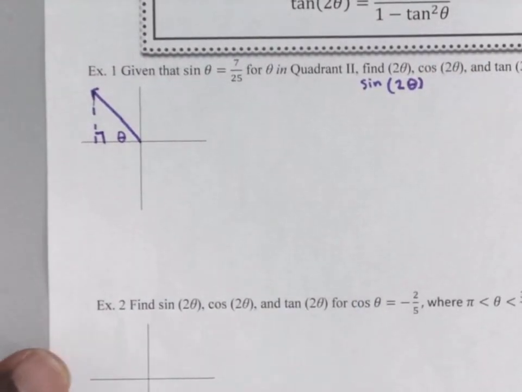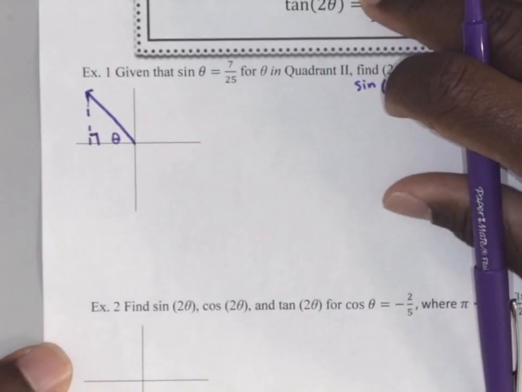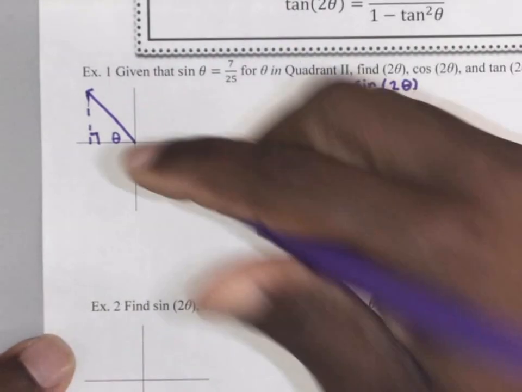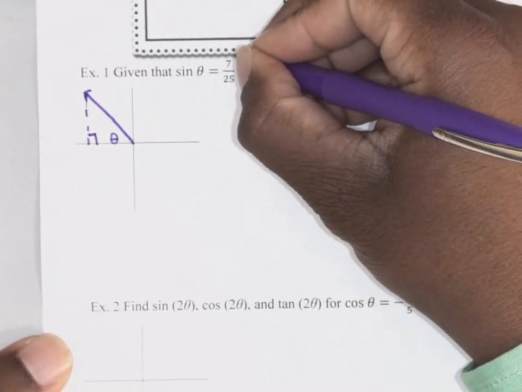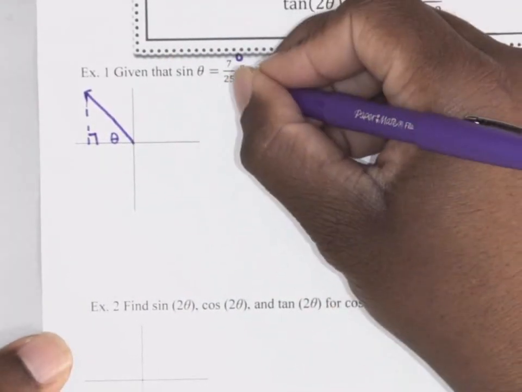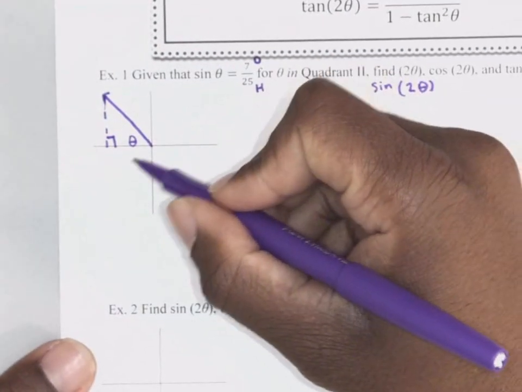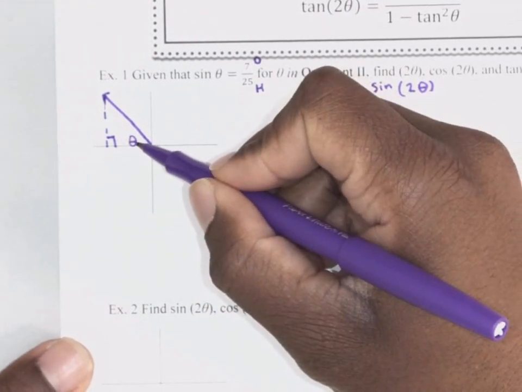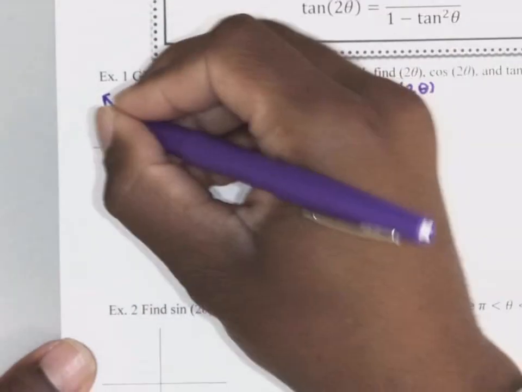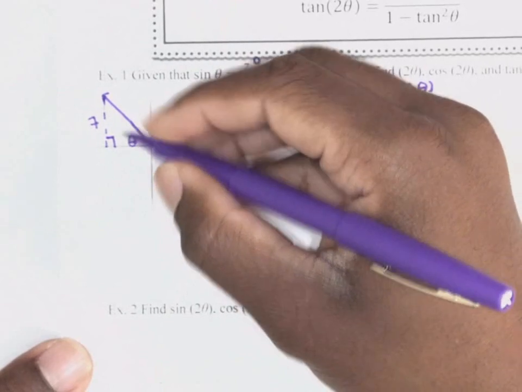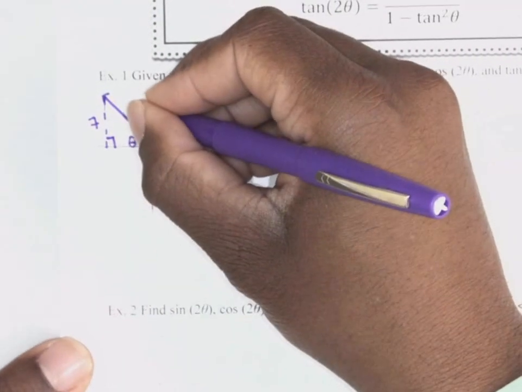What is sine's ratio? Opposite over hypotenuse. So the opposite side would be 7. The hypotenuse would be 25. So let me go over here and label those sides accordingly. The side opposite of the angle would be 7. The side across from the right angle is the hypotenuse. That would be 25.